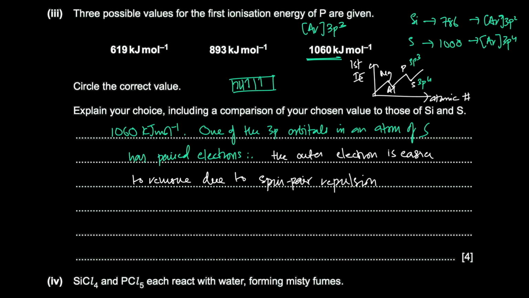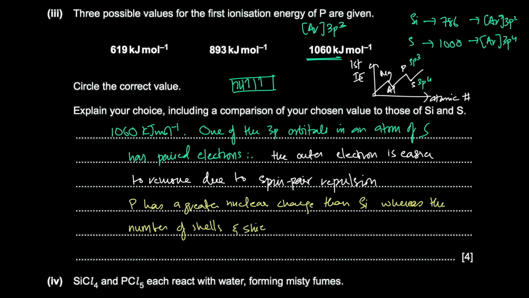The reason it's greater than sulfur is because phosphorus has a greater nuclear charge than silicon, whereas the number of shells and therefore shielding remain the same, are similar.